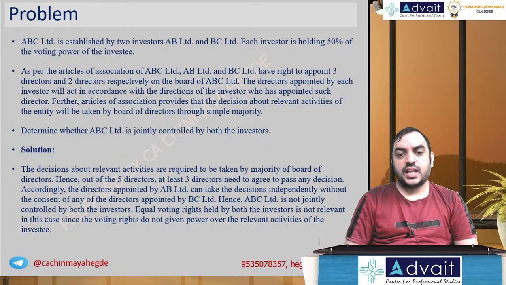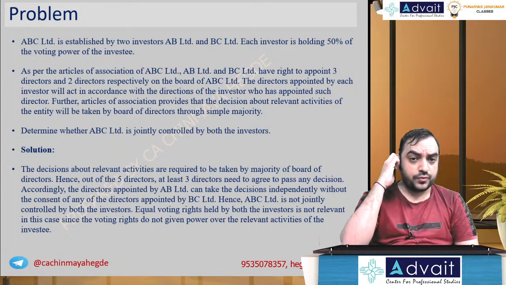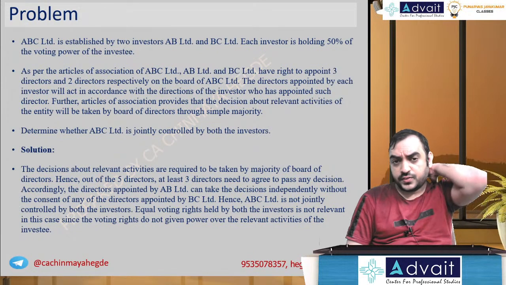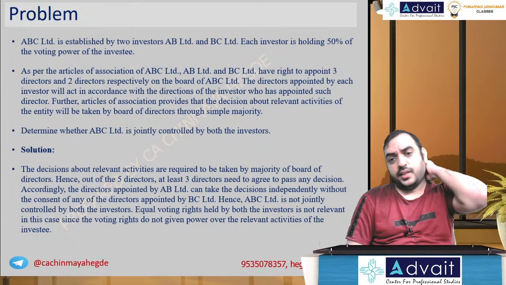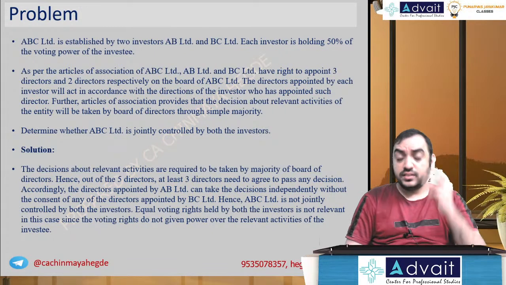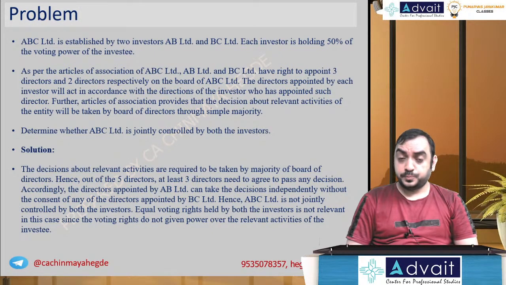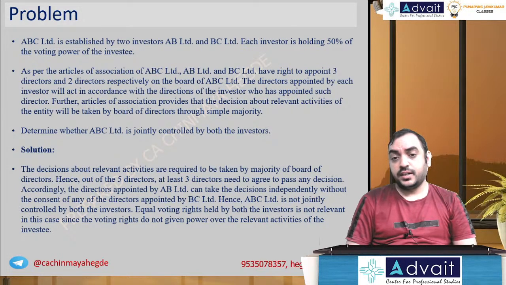ABC Limited is established by two investors, AB Limited and BC Limited, each holding 50% of voting rights. As per the articles, AB Limited and BC Limited have the right to appoint 3 directors and 2 directors respectively on the board of ABC Limited.